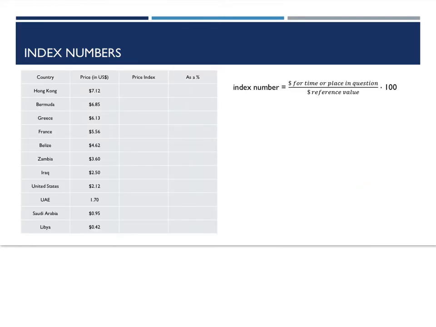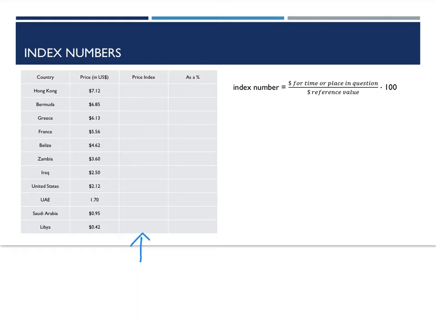Here's a chart. Now, our job is to fill in that column full of index numbers. This is a chart of gasoline prices in different countries, including the United States.